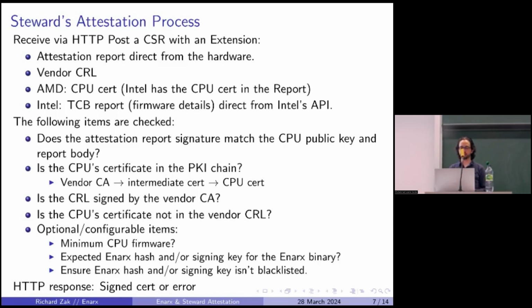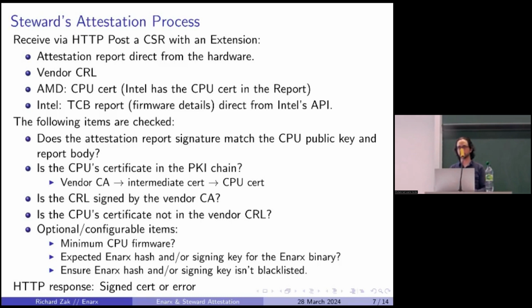In addition to that, we have a couple of optional flags that can be set. So we can say that a certain firmware version could be required, or that you have to be running a certain version of Enarx. Or perhaps that Enarx has to be signed by a certain key.